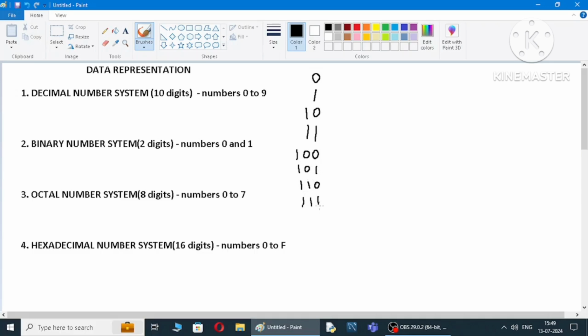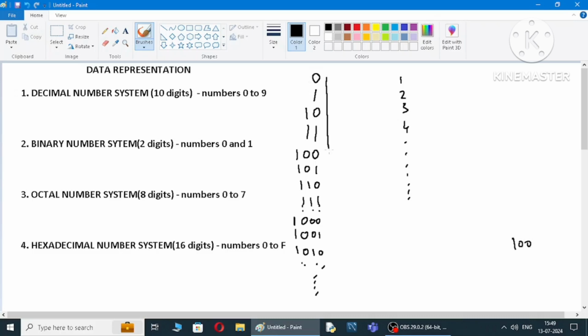Now the maximum number is 1 in the binary number system. We have reached the maximum in all the 3 digits. So we write the fourth digit now: 1000, 1001, 1010. Like this we move on. This is how you write numbers in the decimal number system: 1, 2, 3, 4, 5, 6, 7, 8, 9, 10 up to 100.